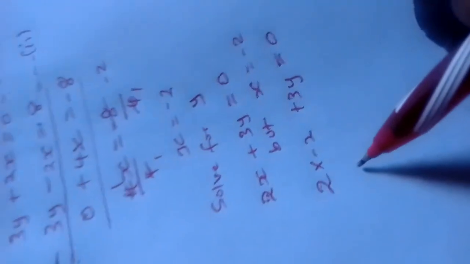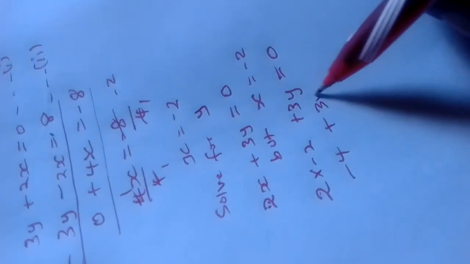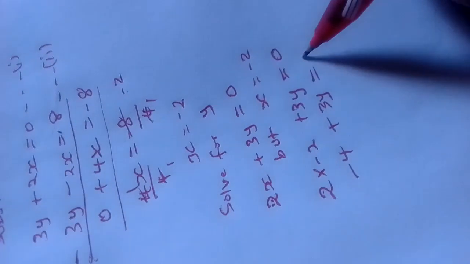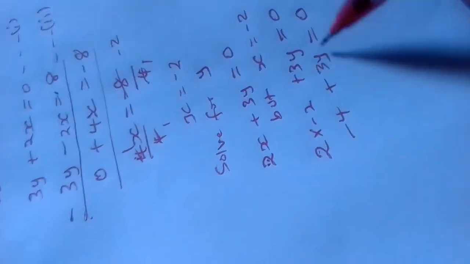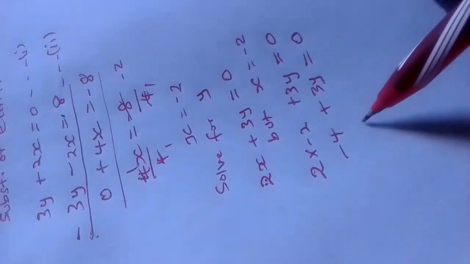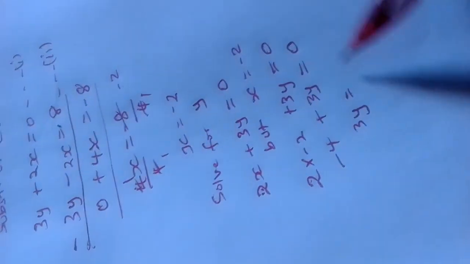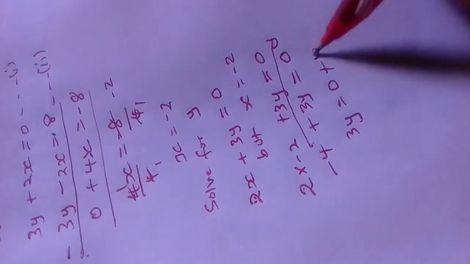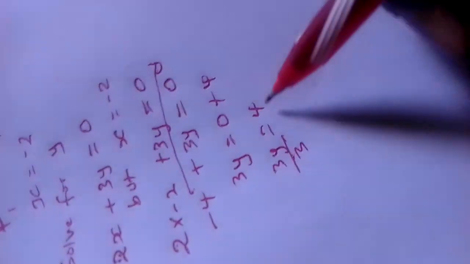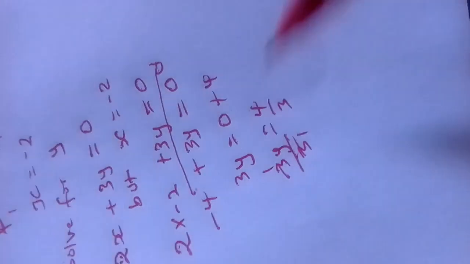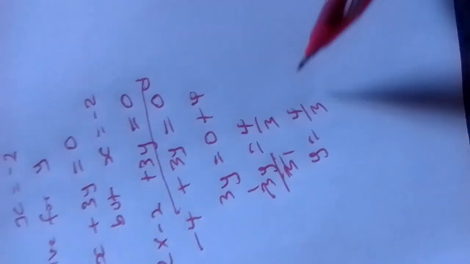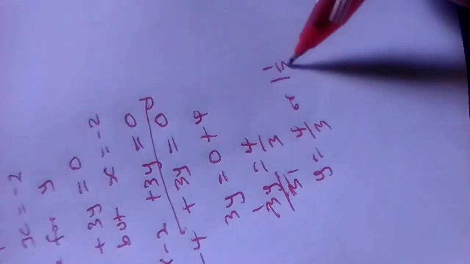So 2 times negative 2 becomes negative 4 plus 3y is equal to 0. We take 4 to the other side, and it becomes plus 4. So 3y is equal to 4. We divide both sides by 3, so y is equal to 4 over 3, or 1 and 1 over 3.